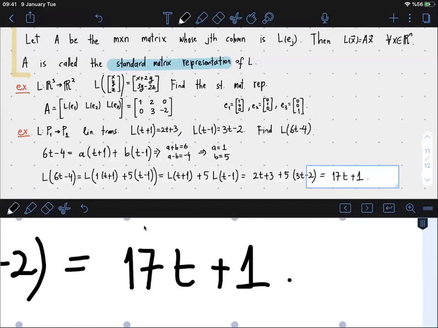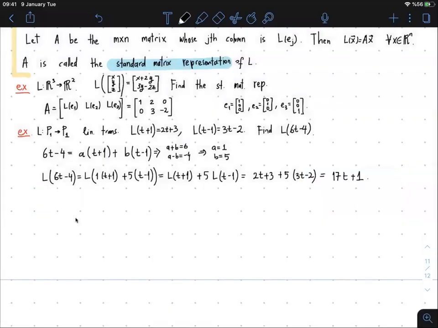Okay, guys. I think this is it about the linear transformations. I'm planning to move on to another chapter and show you some further ideas in linear algebra.